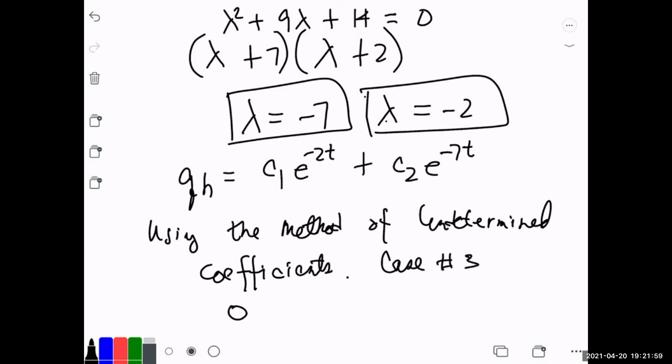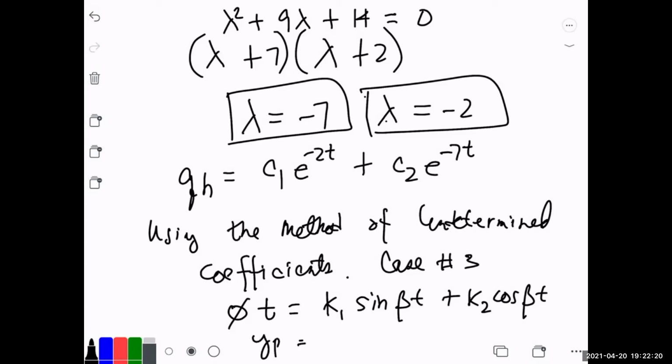So our form is phi of t equals k1 sine of beta t plus k2 cosine of beta t. So the solution for this form would be y of p equals A sine beta t plus B cosine of beta t.